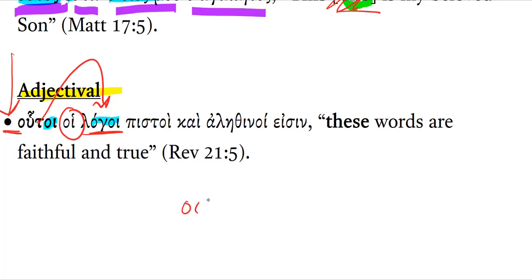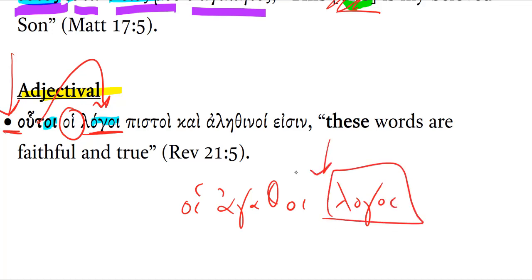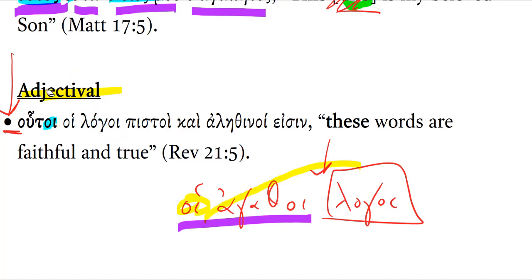Like if we were to say the good words, it would be hoi agathoi logoi, right? There, the noun would not have the article, and the word modifying it, the adjective, would have the article. But when it comes to the demonstrative pronoun, the regular pattern that you'll always see, unless there's some weird exception, is the noun has the article, but when the demonstrative pronoun is modifying it, it does not have any article there.